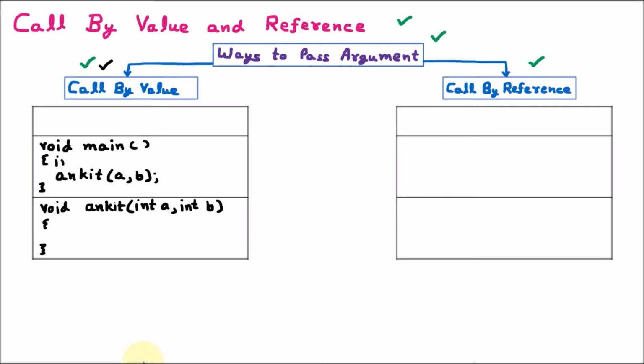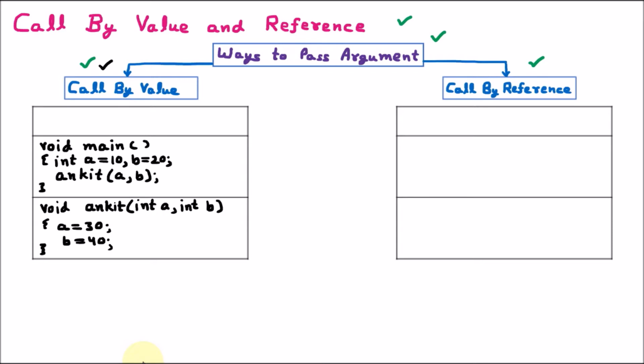So we define them: int A, initializing its value, let's say A is 10, and defining B, initializing the value to 20. So these two parameters are passed to the function. Now suppose in the function I modify their values. Here I say A is equal to 30 and B is equal to 40. So here I am modifying their values.